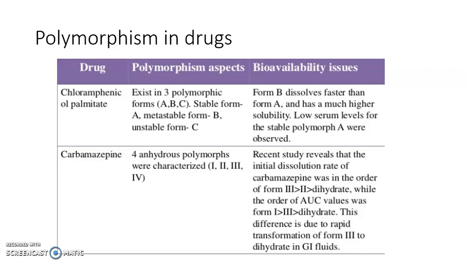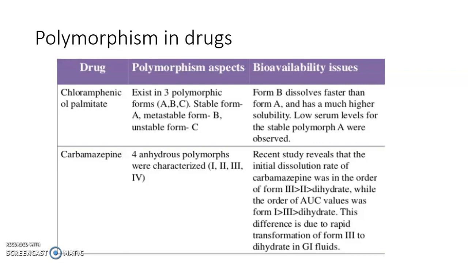So this is very important with respect to drugs, that we need to study polymorphism before we figure out any particular polymorphic form to be added to a certain formulation. And all these studies related to polymorphism are carried out at the pre-formulation stage only.